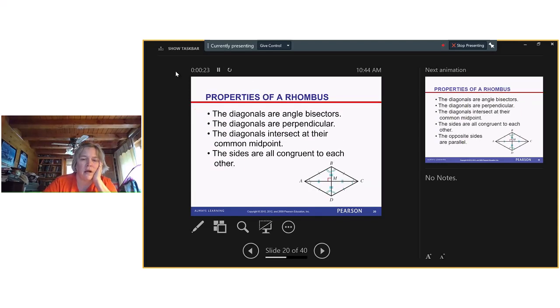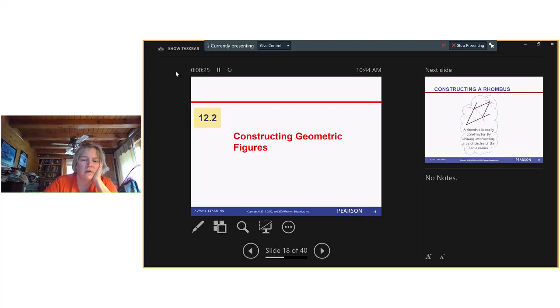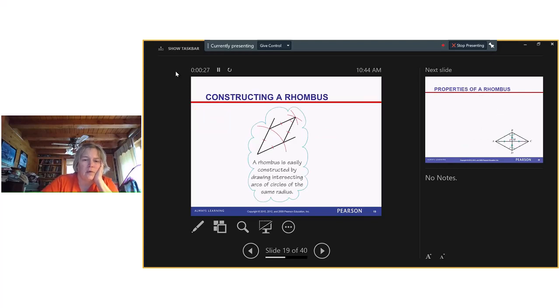So we just did some constructions. We did not construct the rhombus that was right here, but you can see that it's pretty much the same way we were doing the angle bisector. It's just that the rhombus is like a square that kind of put on its brakes extremely fast.